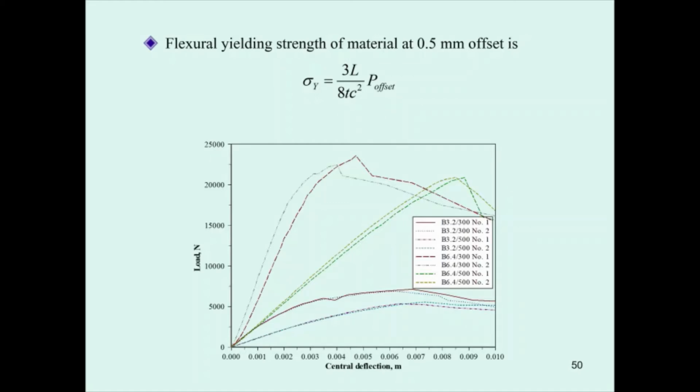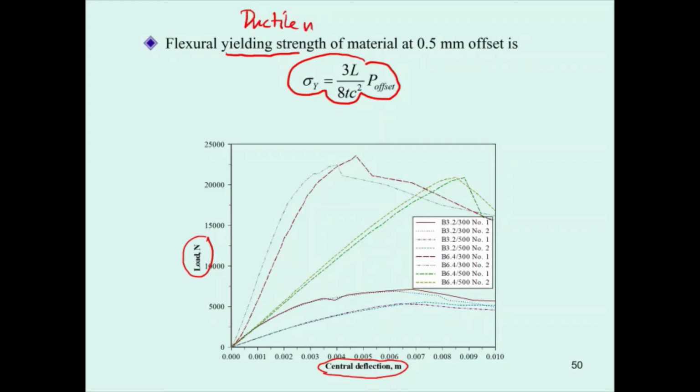Okay, and as I mentioned, from this test you will get the graph of the load and the graph of the central deflection, and each graph represents the behavior of the steel. The equation used to determine the modulus of rupture is also used to determine the yield strength of a ductile material such as steel.